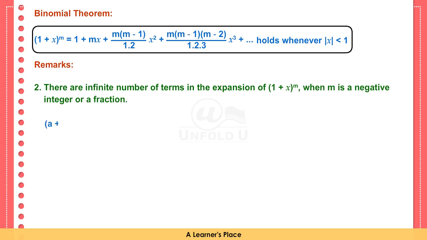The expression (a plus b) raised to the power m is equal to a raised to the power m into (1 plus b upon a) raised to the power m, which on solving gives a raised to the power m into 1 plus m into a raised to the power m minus 1 into b plus m(m minus 1) upon 1 into 2 into a raised to the power m minus 2 into b square plus so on.